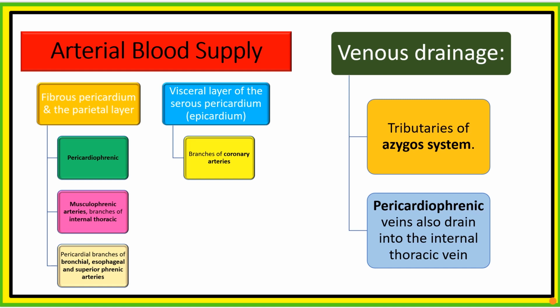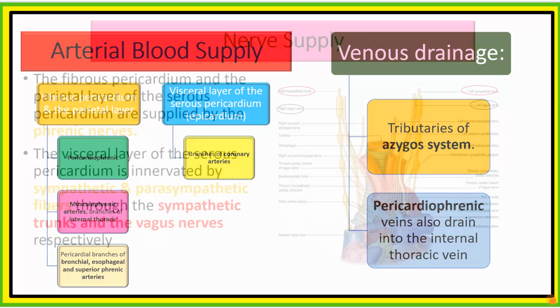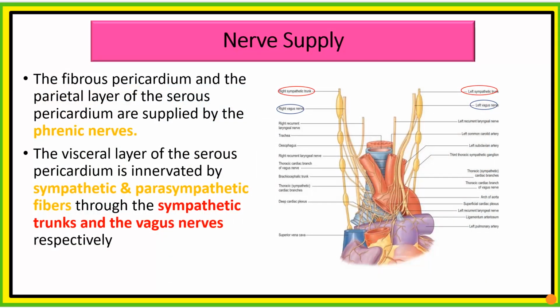Now for the venous drainage, the drainage is via the tributaries of the azygos system of veins. We also see the pericardiophrenic vein, which also drains into the internal thoracic vein. The nerve supply is actually two as well.